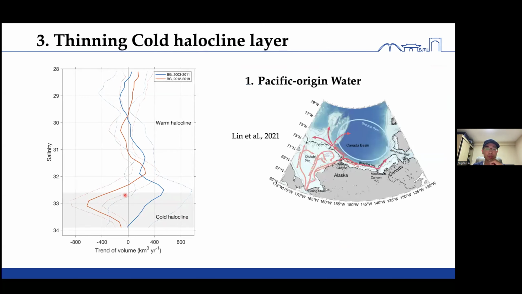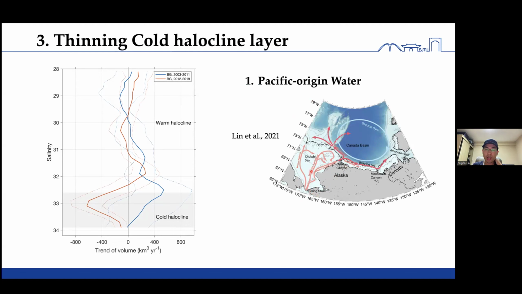To address that, the first thing coming to my mind is we should look at the Pacific origin water first. Because as I said in the introduction, the Pacific origin water contributed to the freshwater in the Canada Basin.